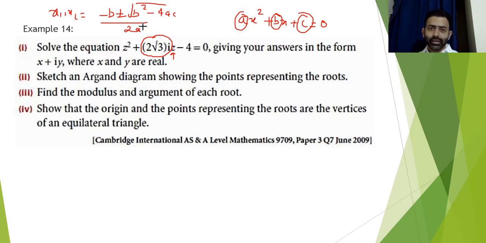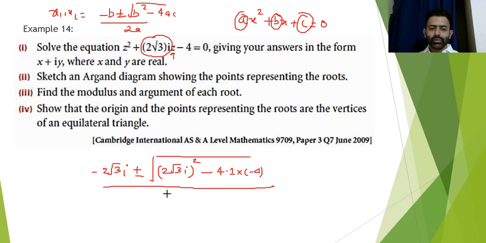So using this formula and putting the values of a, b and c, we get the roots as minus b, which is minus 2 root 3 i, plus minus the square root of b square, 2 root 3 i whole square, minus 4, a is 1 and c is again minus 4, divided by twice a, where a is 1 in this equation.